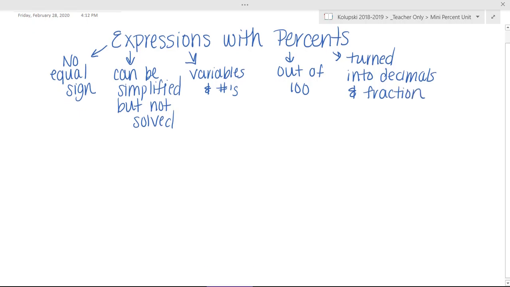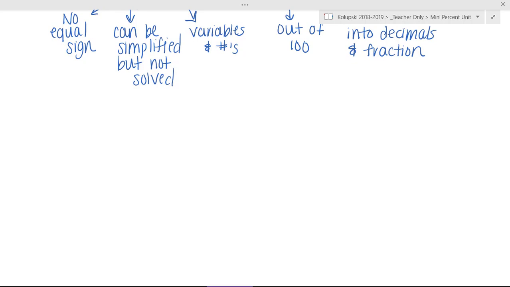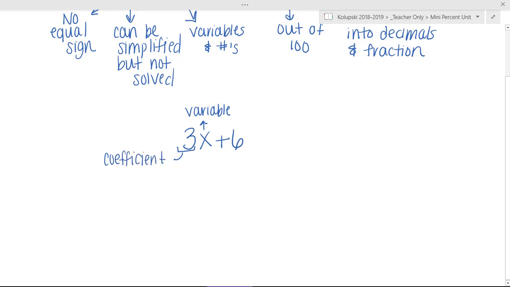So let's review the components of an expression. In the expression 3x plus 6, the x is the variable. The 3 is the coefficient, the number in front of the variable.